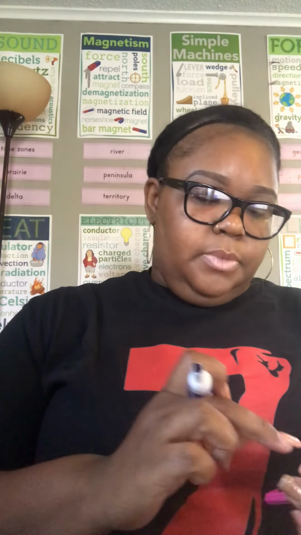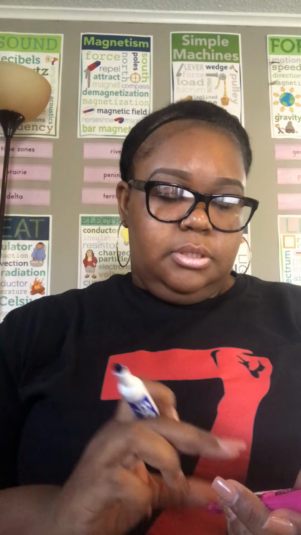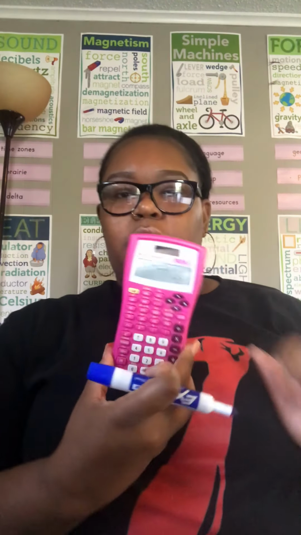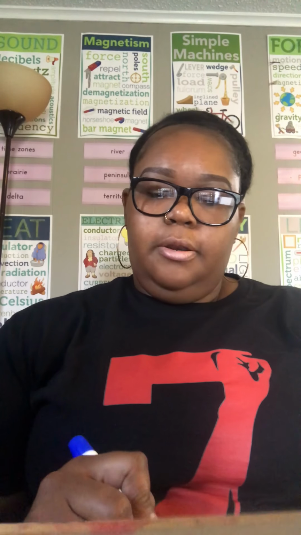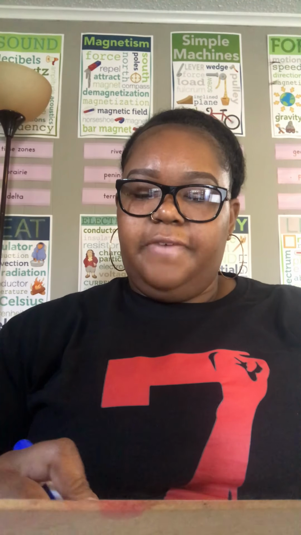Let's multiply 0.5, because 0.5 is 1/2, times 2.1. And that gives us a total of 1.05. So let's plug in 1.05 kilograms, and we're going to bring down our speed of 900 meters squared per second squared.